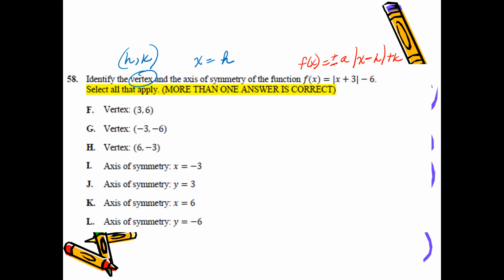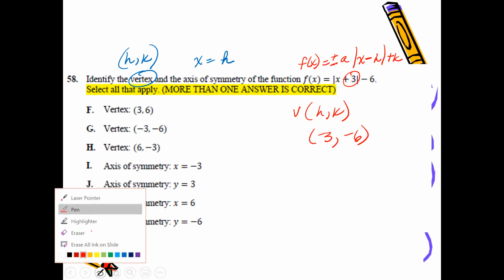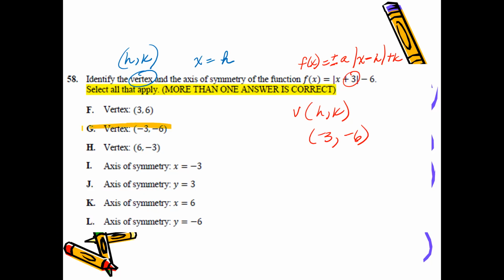And essentially what you're going to do is combine or compare what this means. So your vertex is h, k. Your h is going to be the opposite of a positive 3, which is a -3, and your k is a -6. So immediately I know my answer is going to be G.